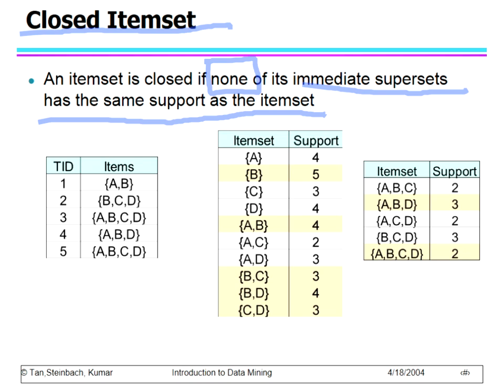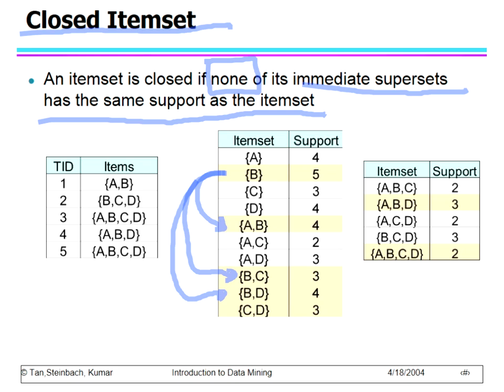For example here, B. What are the immediate supersets of B? The immediate supersets are AB first, after that BC, BD.